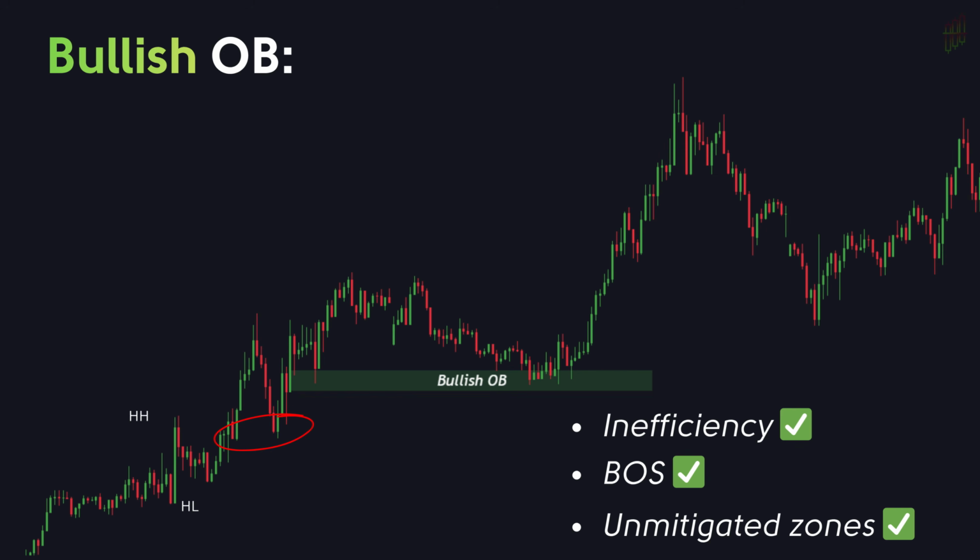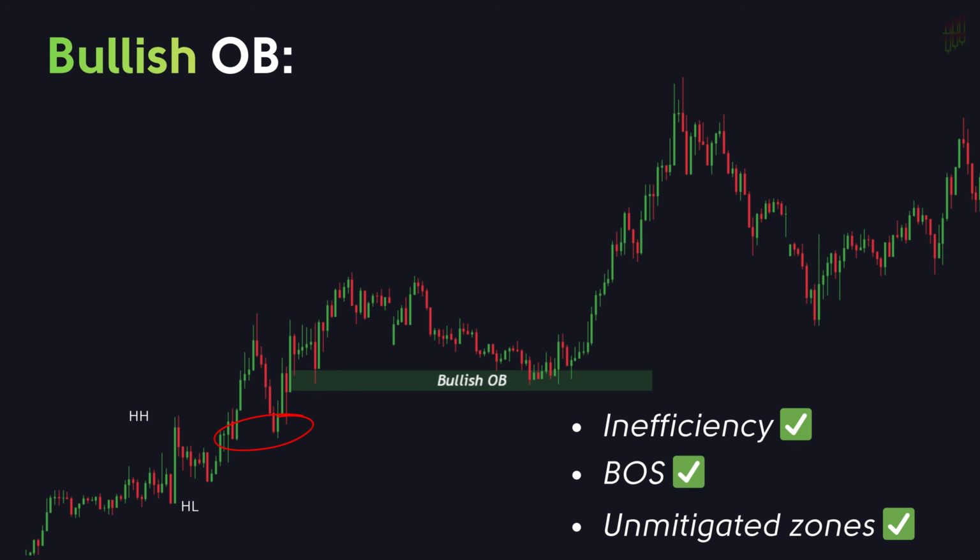A shallow rejection wick forms, showing that buyers were sitting exactly where the OB was marked. This reaction validates institutional presence and confirms that this is the true origin of the move, not a random level. Once the OB is tapped, price immediately resumes its upward trajectory, creating a massive rally that continues forming higher highs.